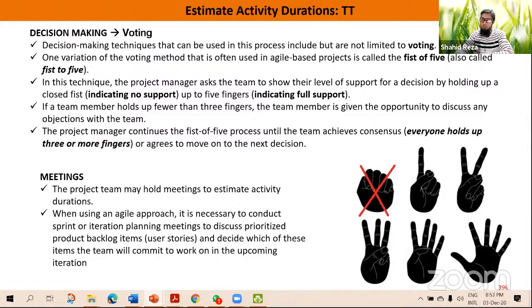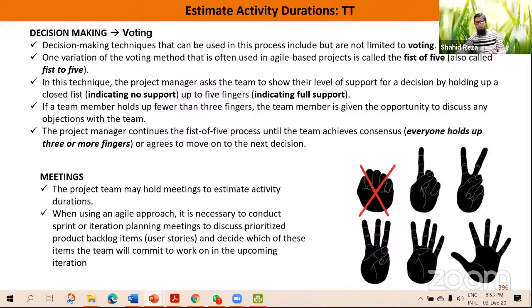And if someone shows 1 or 2, that means he somewhat agrees, but mostly disagrees. So if anyone shows 2, 1 or a clenched fist, then you need to talk with them about why they are against this decision and try to convince them, or try to understand their argument, and then take a vote again.